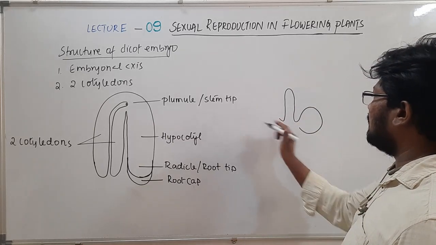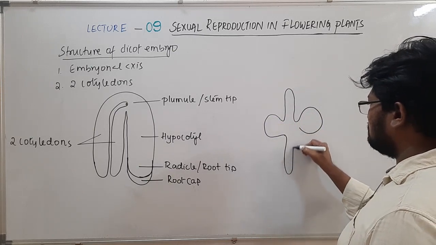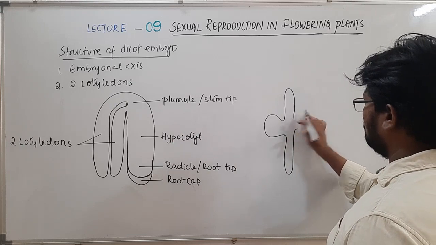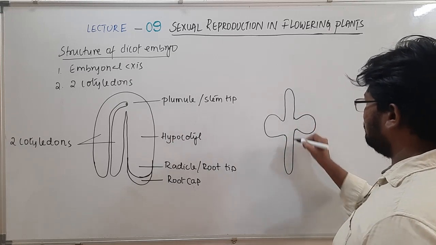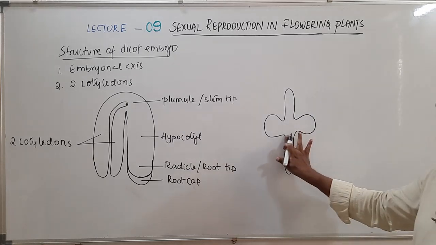So these are the two cotyledons. This is how you will see the cotyledons in the case of the dicot.